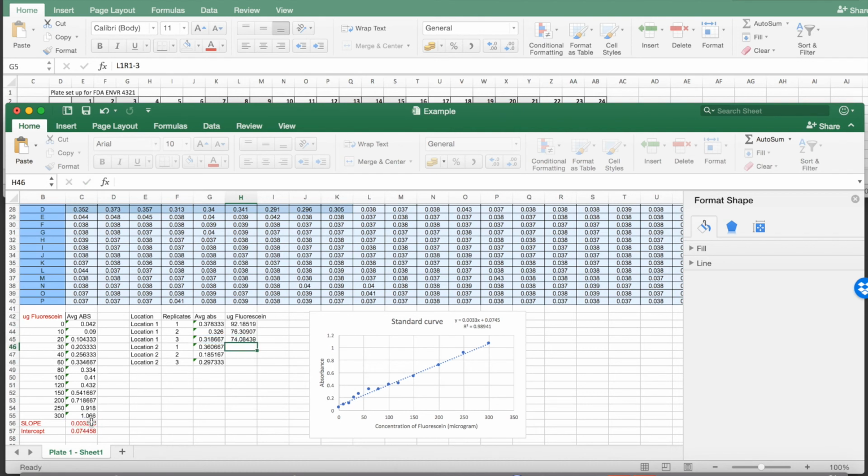We're just replicating this equation here that lets us find the concentration of our fluorescein, which indicates the microbial activity. Let's do it again. Equal sign, open parenthesis. Absorbance is subtracted by the intercept and divided by this slope. 2 more times. And I'm doing it step by step so everybody can follow.